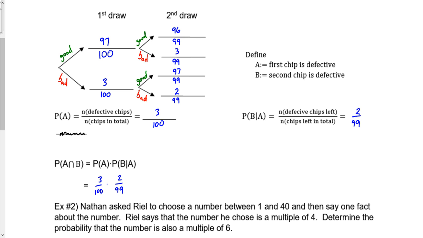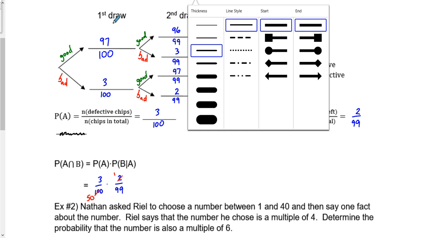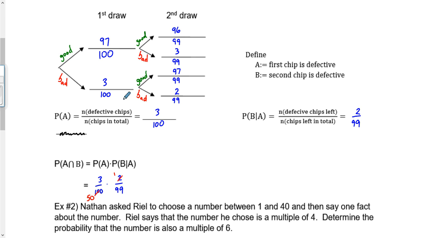Of course, I absolutely love things being fractions. At the same time, I like them being in reduced fractions. I can reduce my 100 and my 2. Then we can reduce our 3 and 99 being 1 and 33.